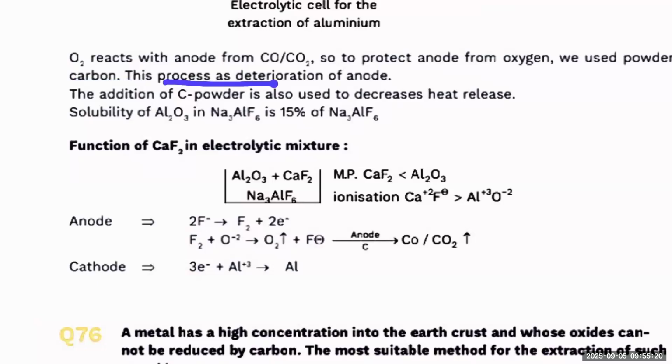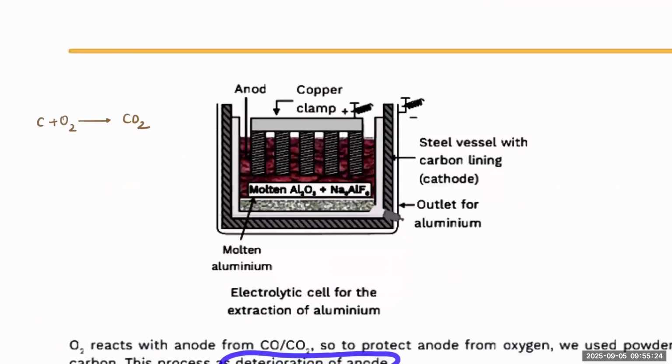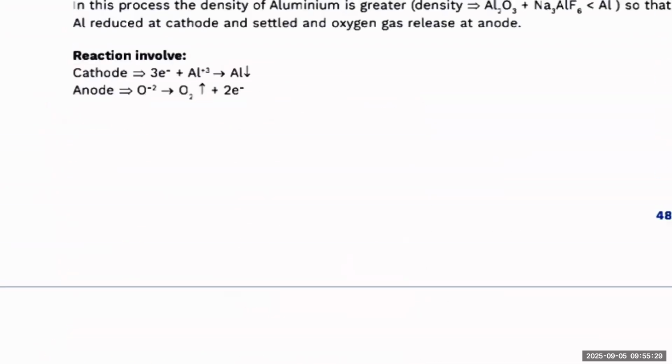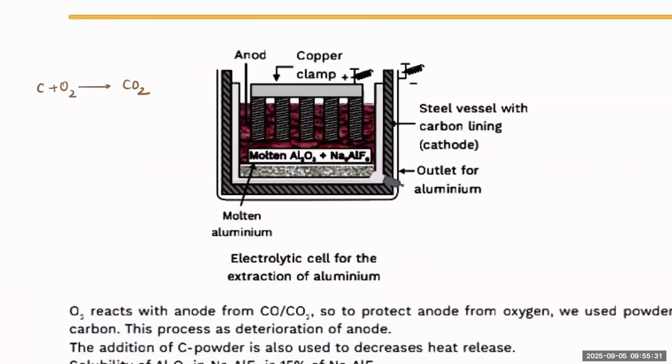This process causes deterioration of the anode. On the molten surface, as soon as the O2 is released, this O2 can immediately react with the graphite rod and deteriorate it by converting into carbon monoxide or carbon dioxide.